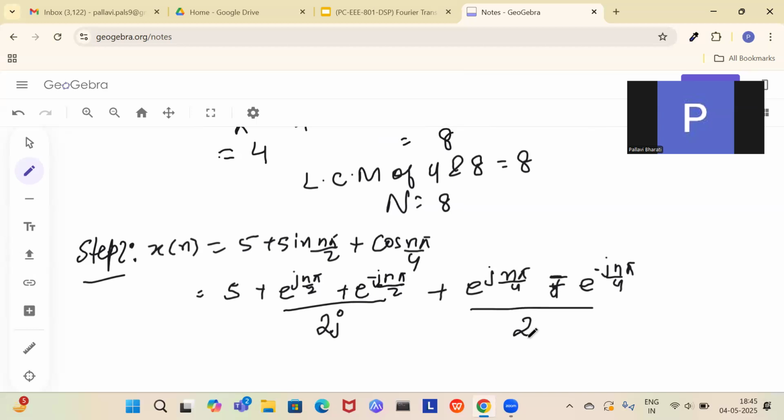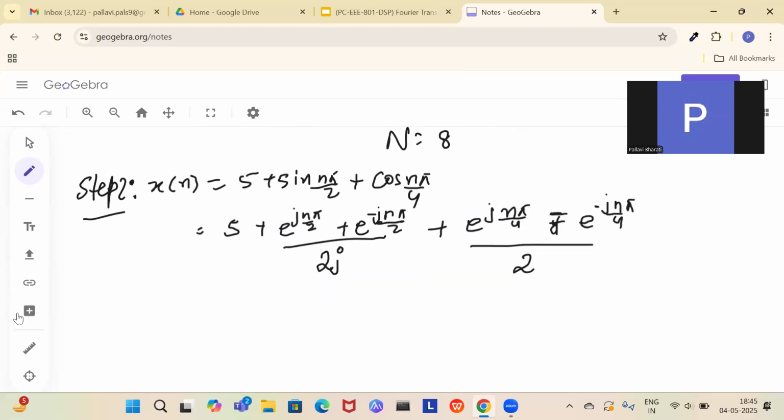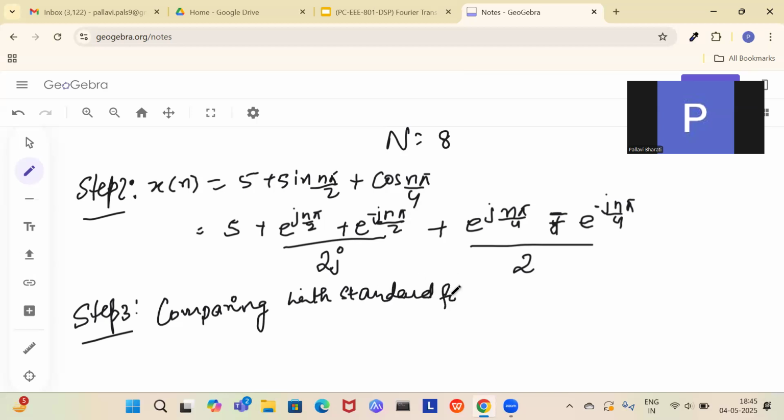Now step 3 is comparing with the standard formula. So what was our formula?